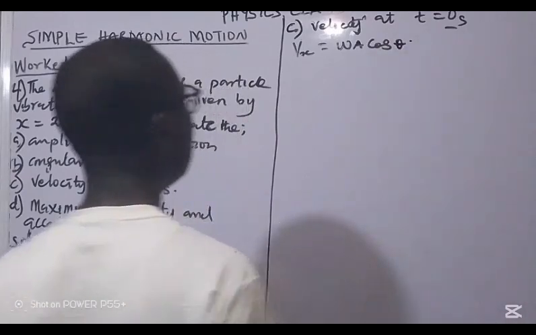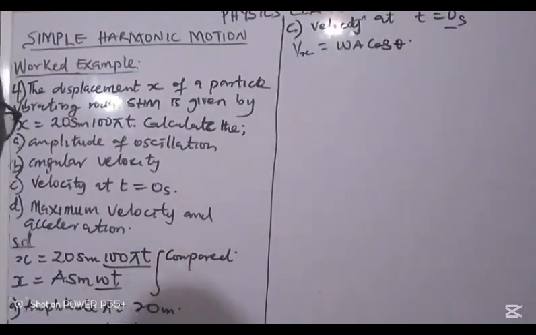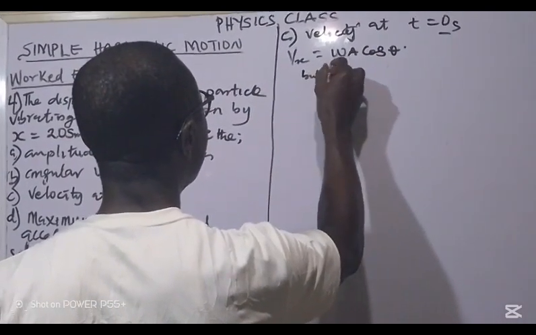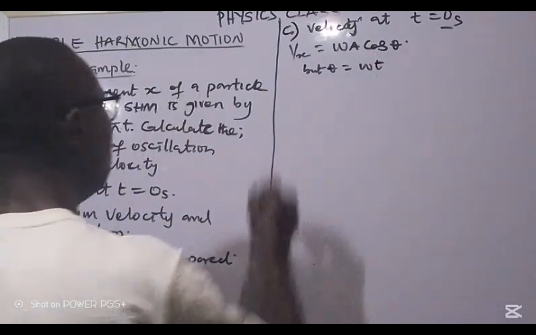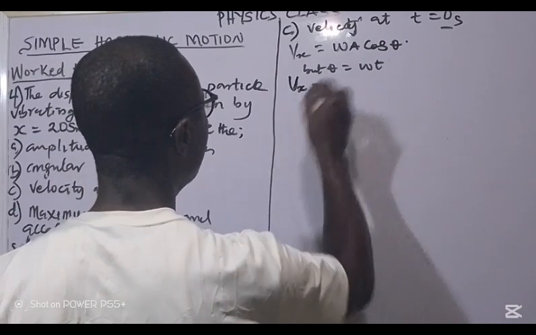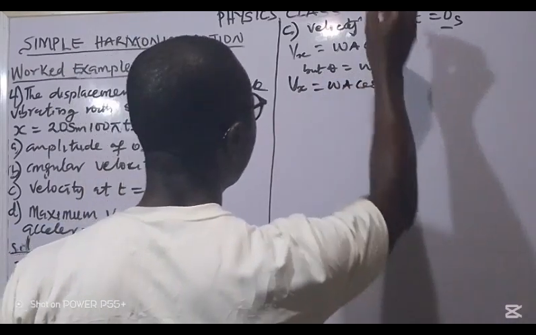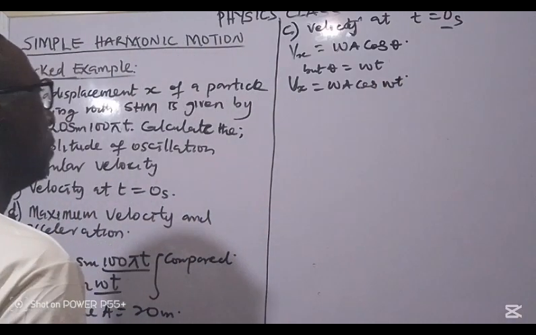And from this question, our theta is equal to omega t. Don't forget. So our Vs will be equal to omega A cos omega t. Now, the question says t is equal to 0.